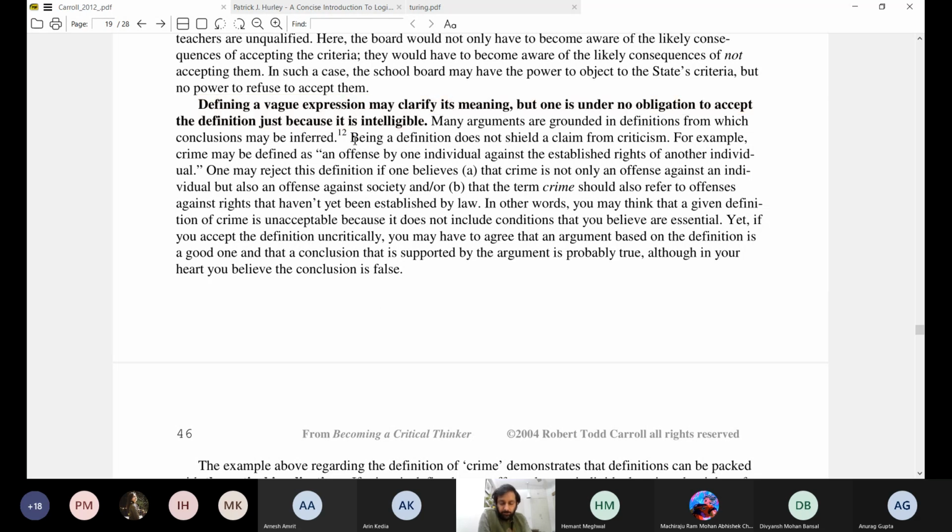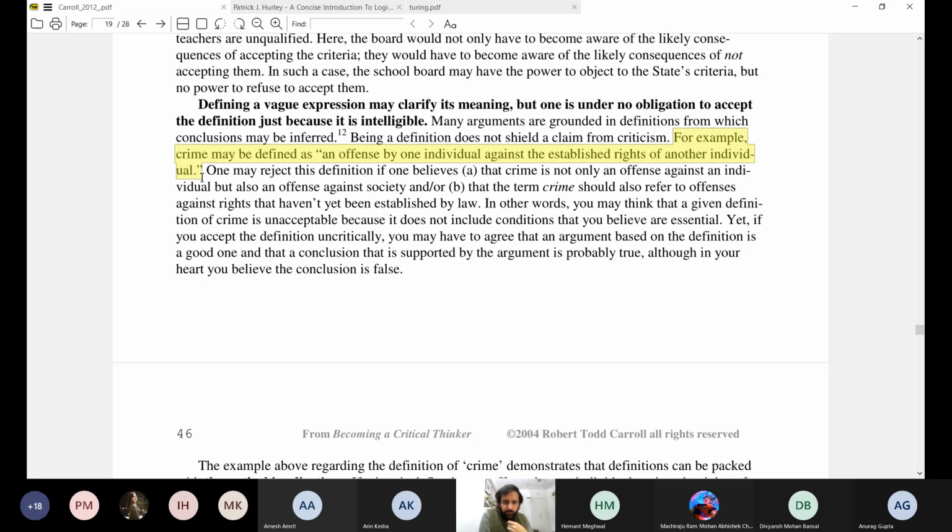And though he doesn't use the term in that first paragraph, he's talking about what we sometimes call theoretical definitions. And let's take this example that he has in mind. A crime may be defined as an offense by one individual against the established rights of another individual.